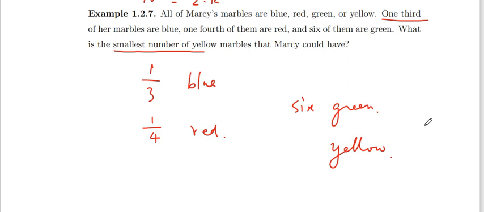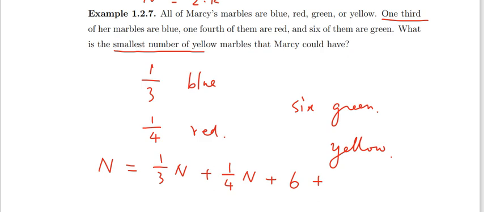So let's say the total number of marbles is n. So n equals the blue ones, 1/3 n, plus red ones, 1/4 n, plus green ones, 6, plus yellow ones.